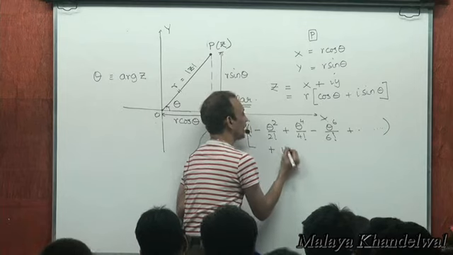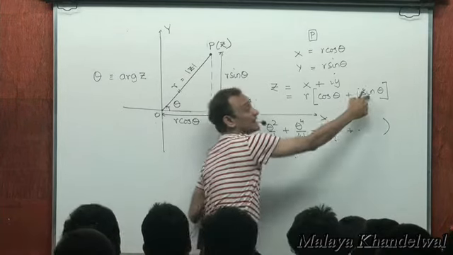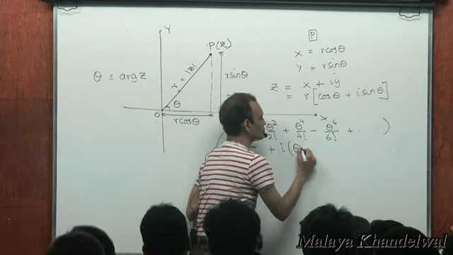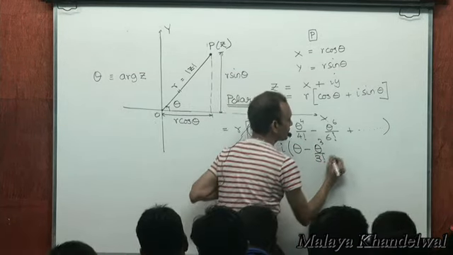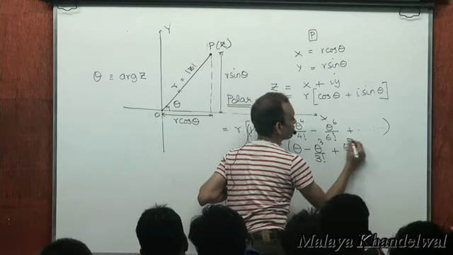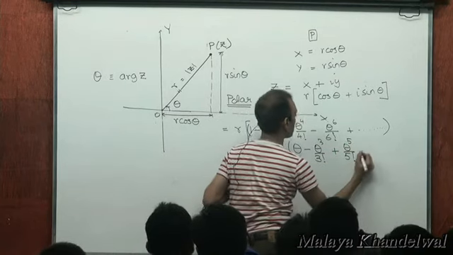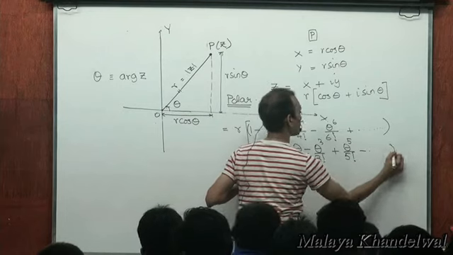Plus i times sin theta, which is theta minus theta cubed by 3 factorial plus theta to power 5 by 5 factorial. Yes or no?